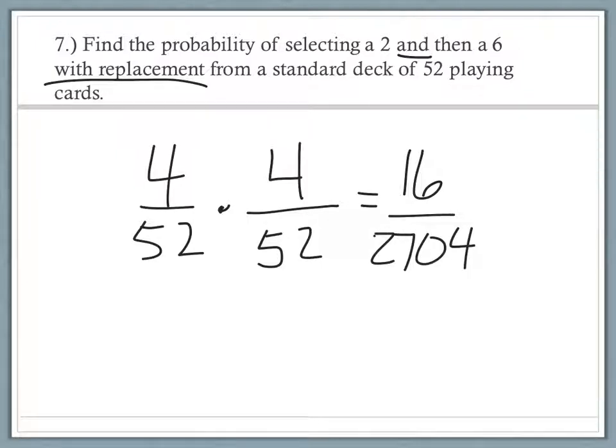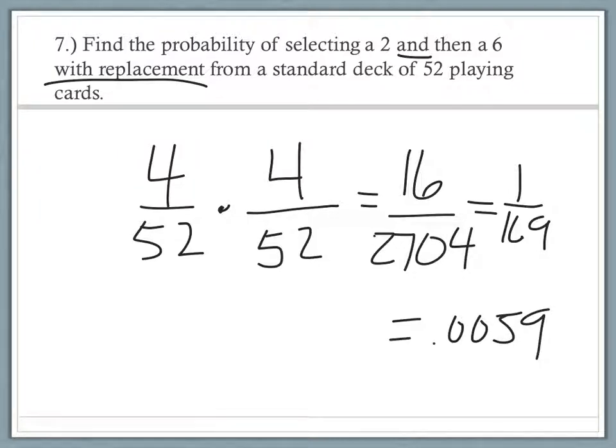I believe you can divide both of those by 16, so we get 1 over 169. And if you want the decimal way, you end up with 0.0059. The big thing there was that it was with replacement, so I didn't lose that card on the second draw, so I had 52 on that second draw.